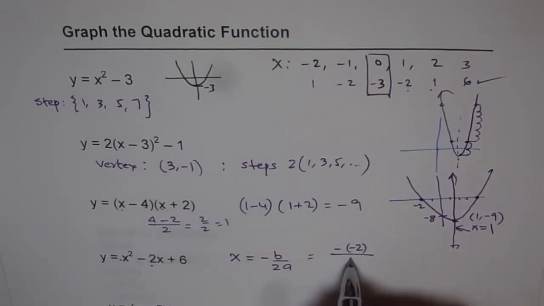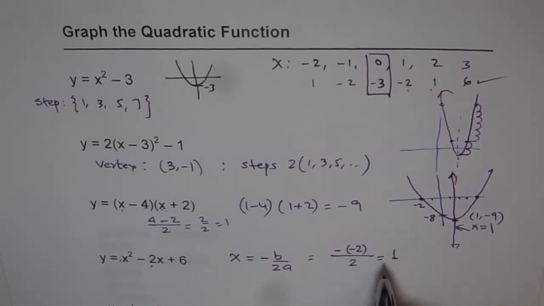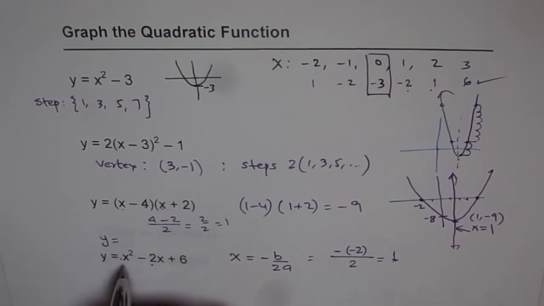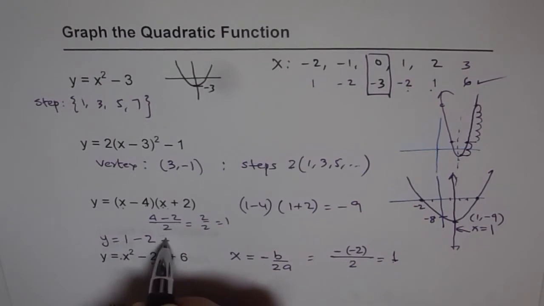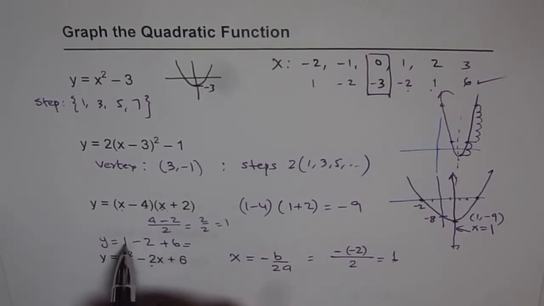A is 1, so divided by 2. That is 1. So your vertex is at x equals 1. Do you see that? Now if I place a 1 here, what do I get? The y value will be 1 squared is 1, minus 2 times 1 is 2, plus 6. So I get 1 minus 2 is minus 1, plus 6 is 5. Or you could do 6 plus 1, 7 minus 2, 5.